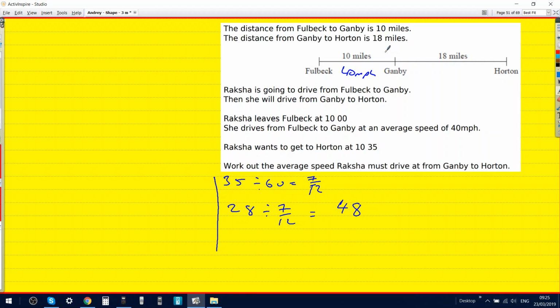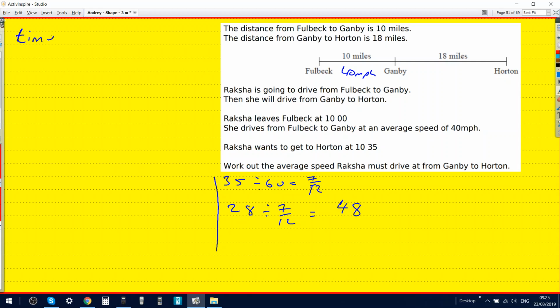How would you get what time she arrives at Gambia? And you have the distance and the speed.